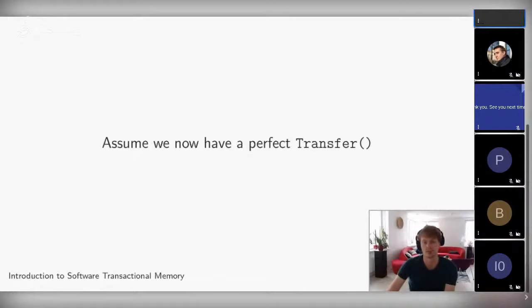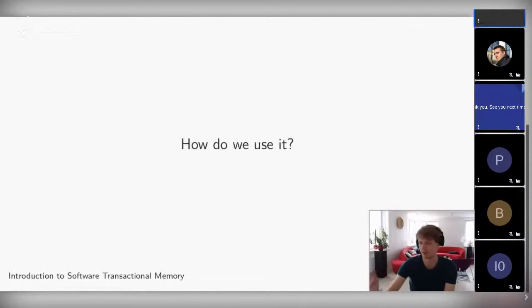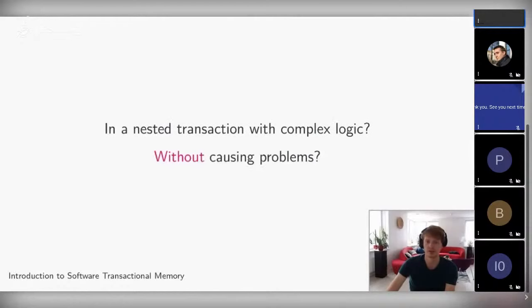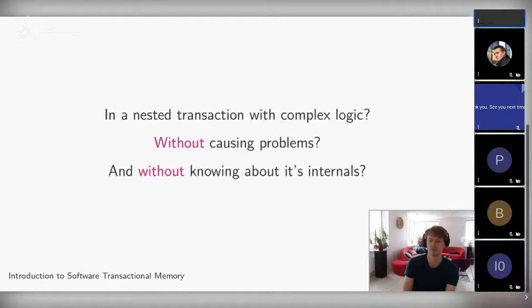Then I ask you, how do you use it? And that's maybe a bit stupid, or it appears to be a bit stupid, but I have a point. How do you use it in a transaction with complex logic without causing problems yourself and without knowing about its internals?